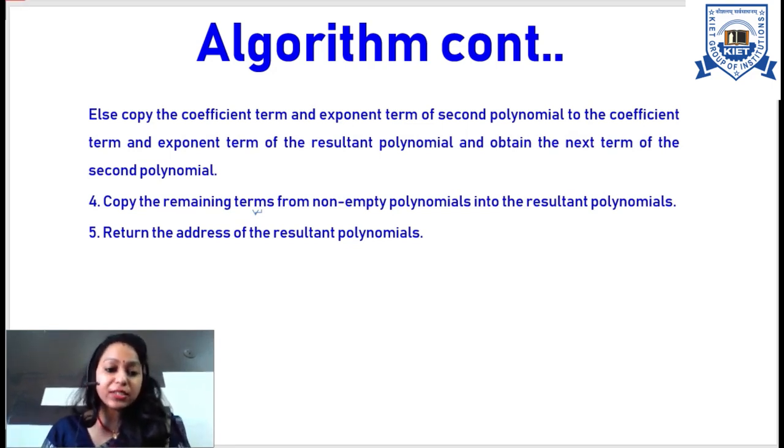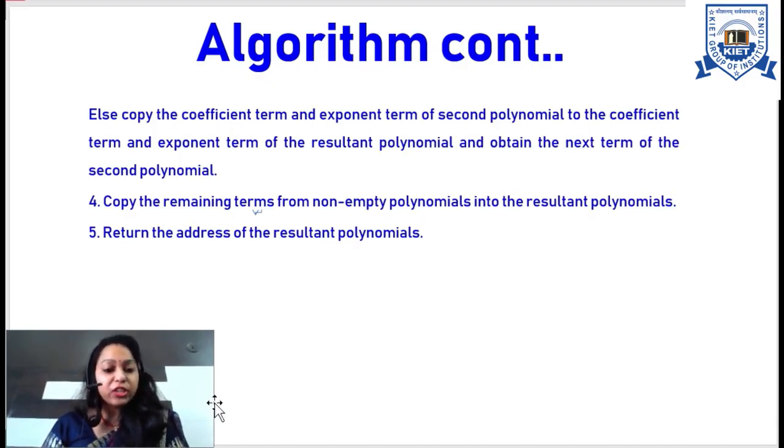We will repeat this step until one of the equations has completed all its terms. If any of the polynomial equations is over and the other is remaining, then in that case we will be out of this particular loop. We will compare the remaining terms from the non-empty polynomial.